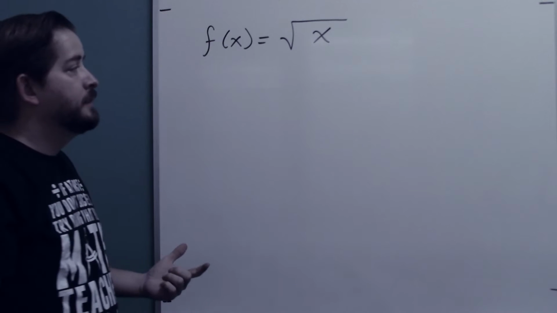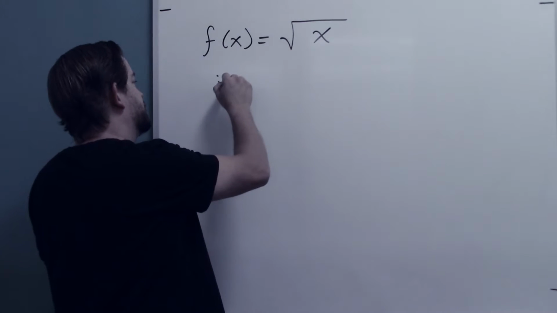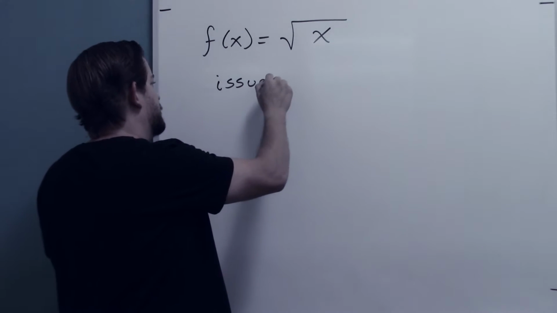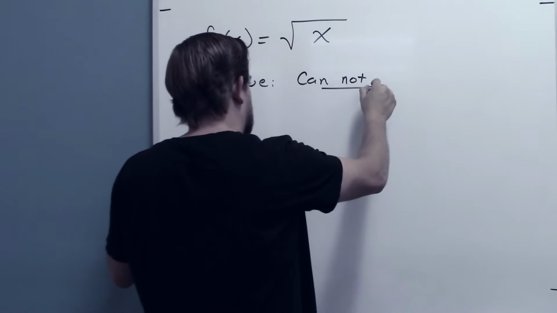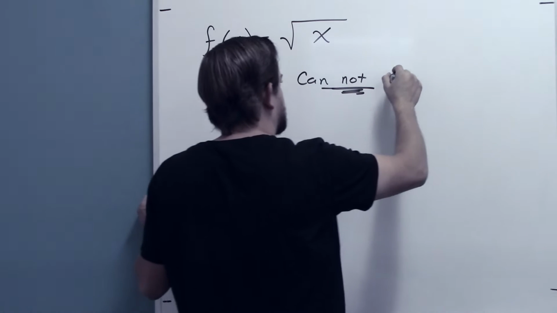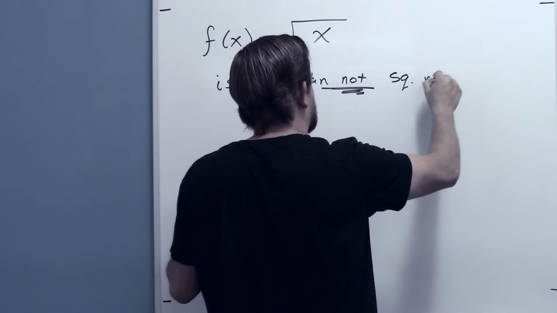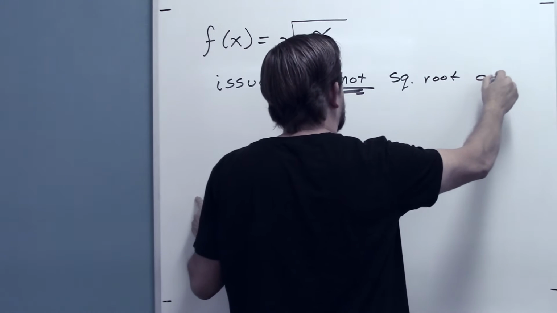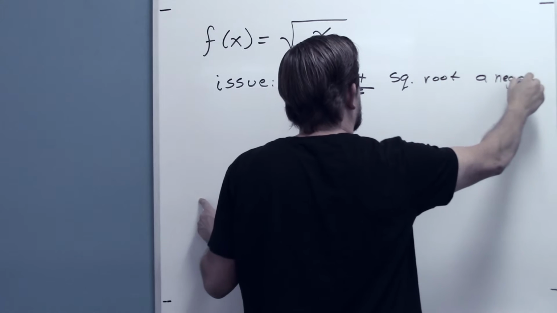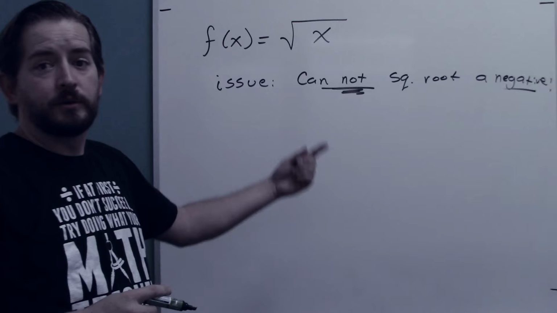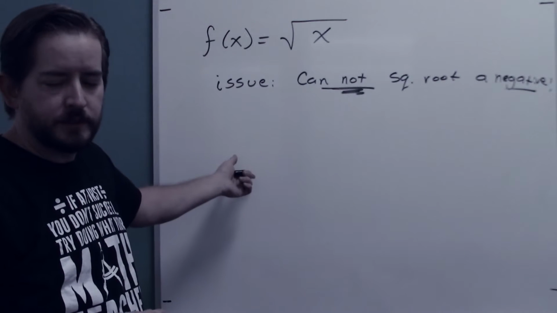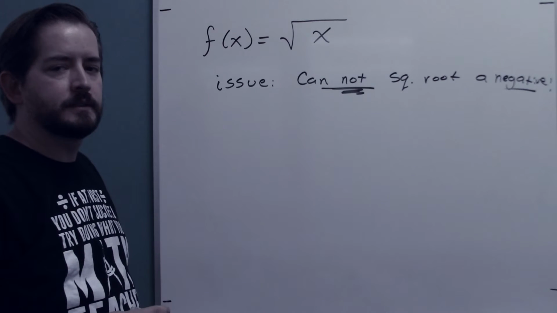The issue here is I cannot square root a negative number. I can square root 0. Square root of 0 is 0 because 0 squared is 0.